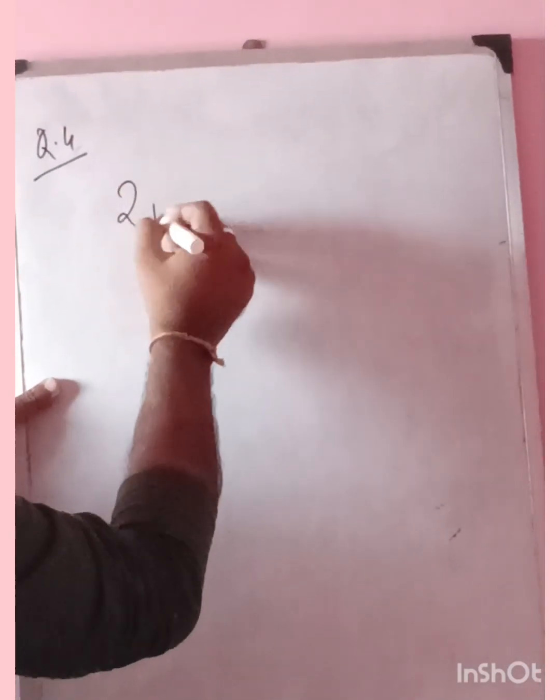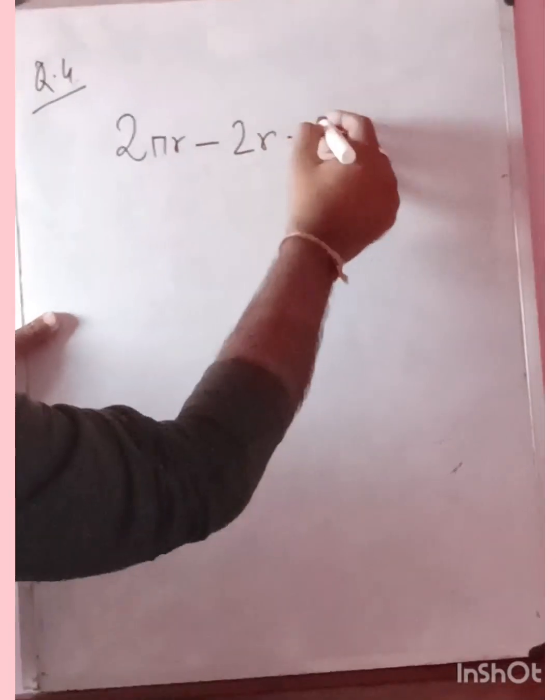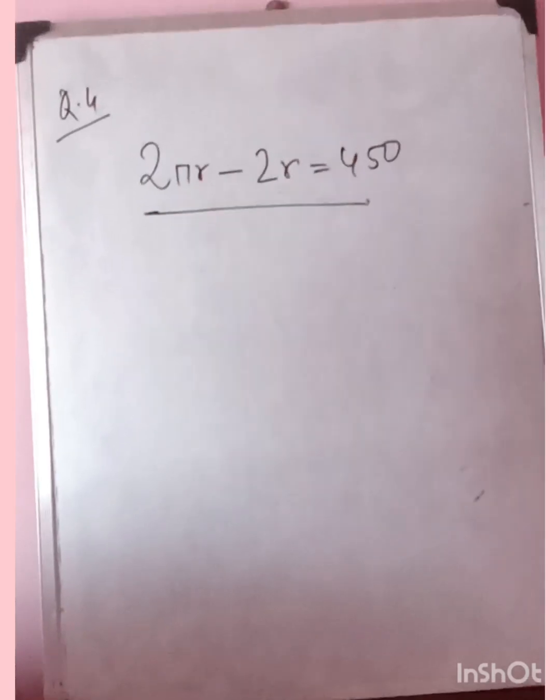The circumference of a circle exceeds its diameter by 450 centimeter. So it is 2 pi r minus 2r equals to 450. Isn't it? A simple equation.